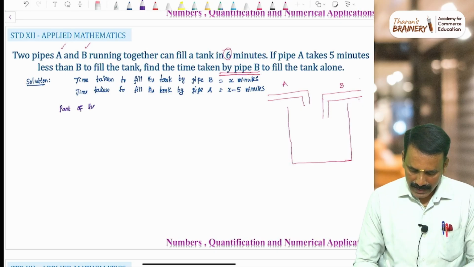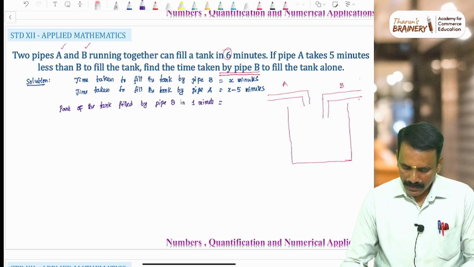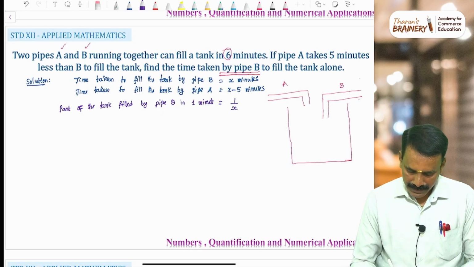So part of the tank filled by pipe B in 1 minute is equal to 1 by x.